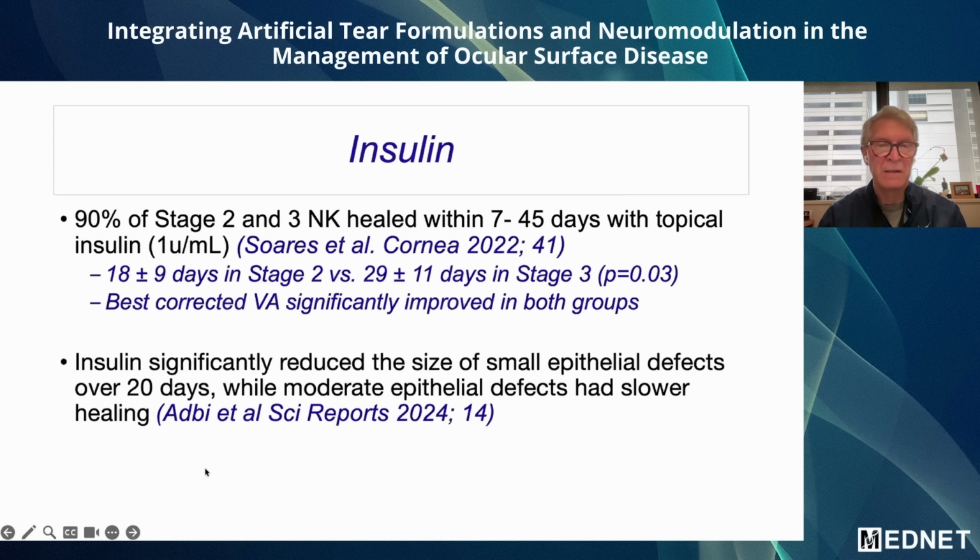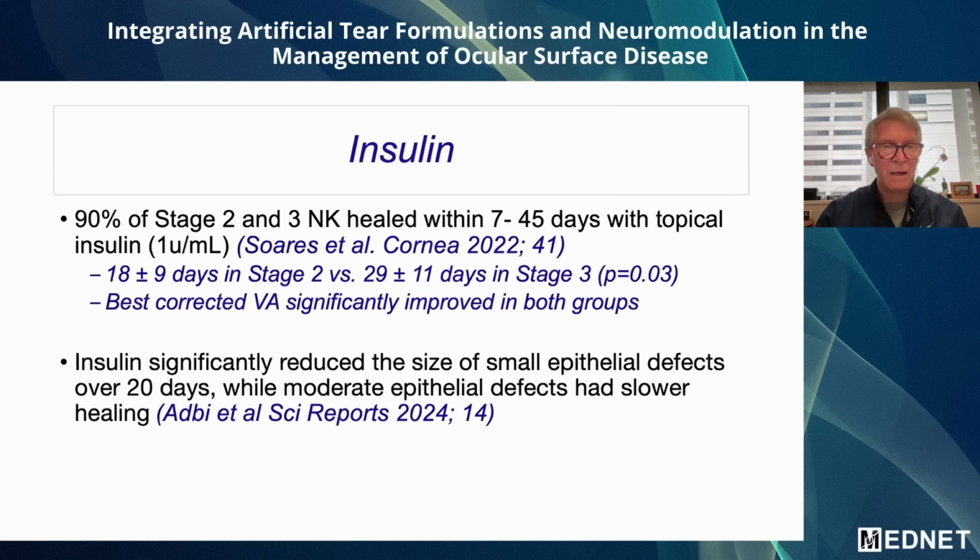As I mentioned, there are increasing reports of efficacy of insulin. About 90% of stage 2 and 3 NK healed within 7 to 45 days with topical insulin at the concentration of 1 unit per ml, which is the one that we currently use.